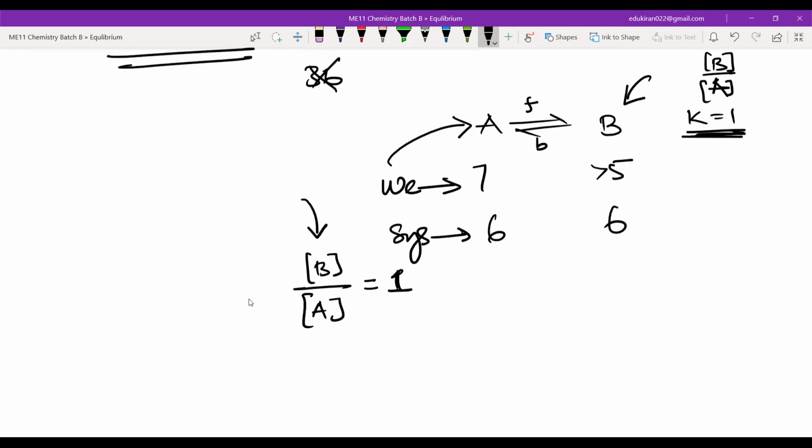We have to head towards equilibrium. How did B become 6? Because A reacted, A converted to B. The reaction happens; we are not just adding. Got it? Okay, sir.